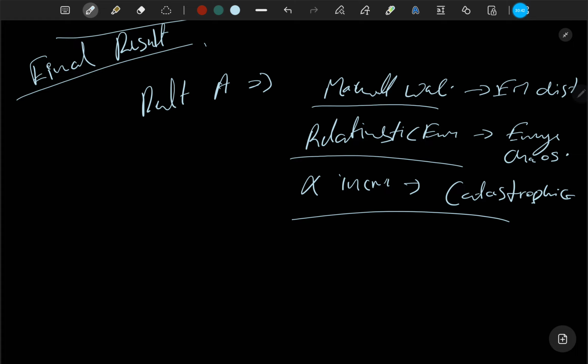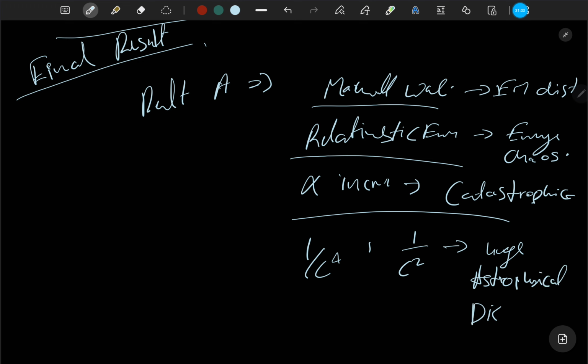And the gravity coupling scales like 1/k⁴, and the black hole radii scale likewise, huge astrophysical disruption.